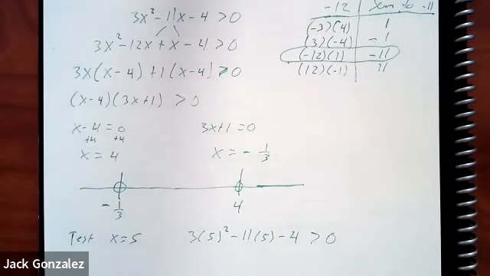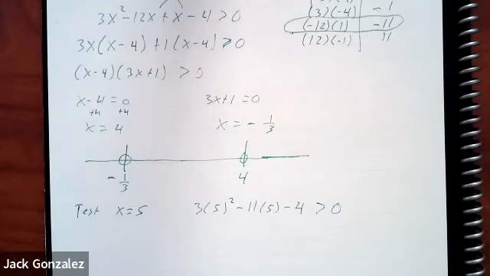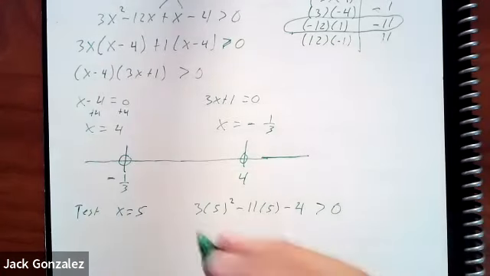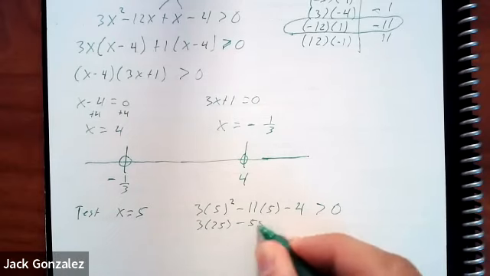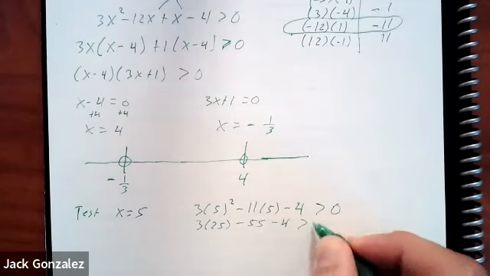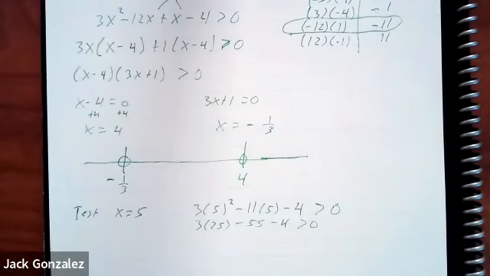But we do need to know, what about after, what about before? That still needs to be tested. So after 4, we get what? 3 times 25 minus 55 minus 4. That will be what? 16?